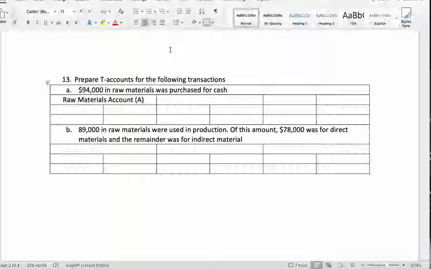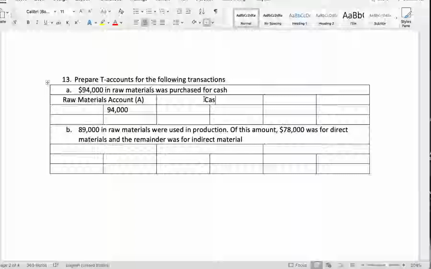Okay, now why did I put that? Well, if you remember in a prior video, I said assets increase with a debit, decrease with a credit. So what that means is we need, and again, this is the T account right here. You can kind of see a T account, quasi, right? We're going to put a debit of $94,000 to raw materials.